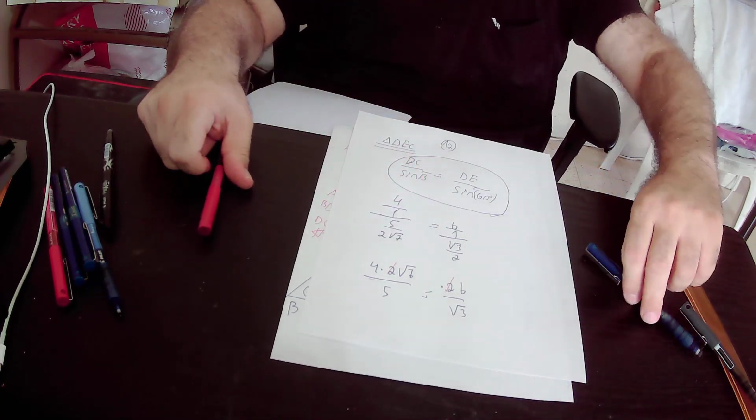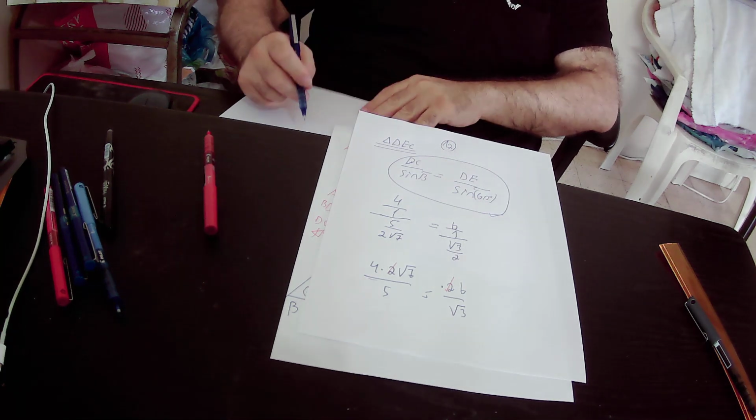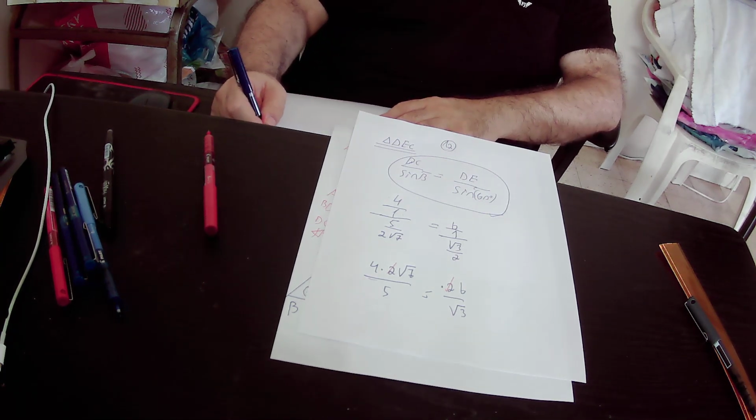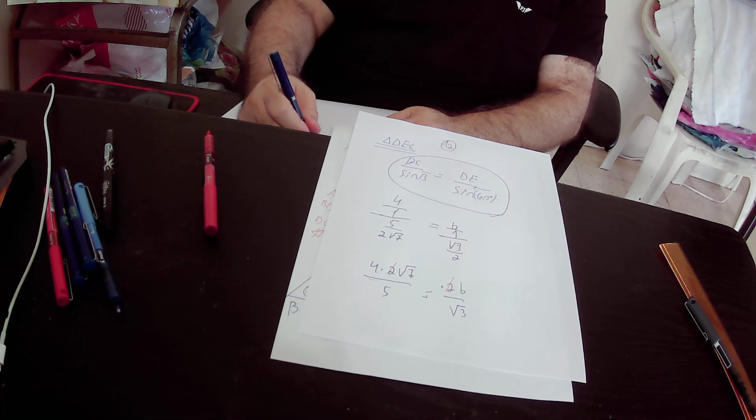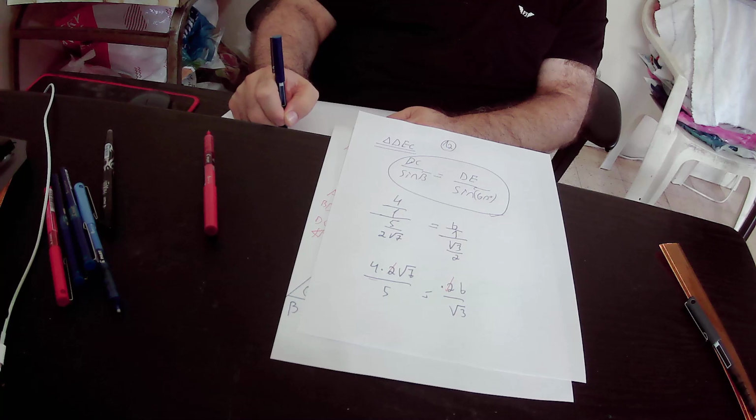What is left is 4 times root 7 over 5 equals b over root 3.